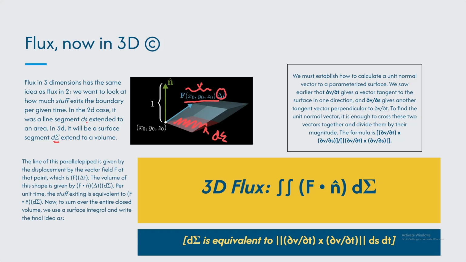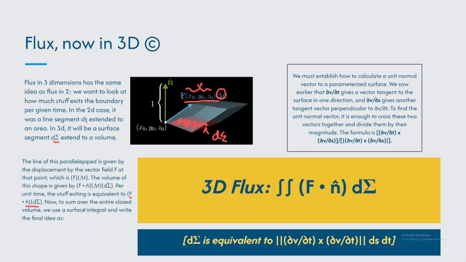And this is the sigma, this whole area here. Well, if we dot this with n, we get the height, and the base times height is going to be your volume. So you can see that here, f dot n times d sigma gives you the volume. And that is per time. That's the amount of stuff that's leaving per unit time.